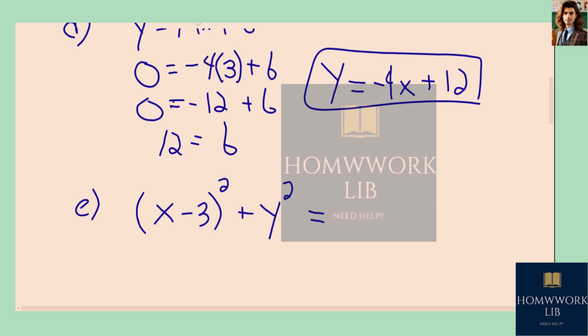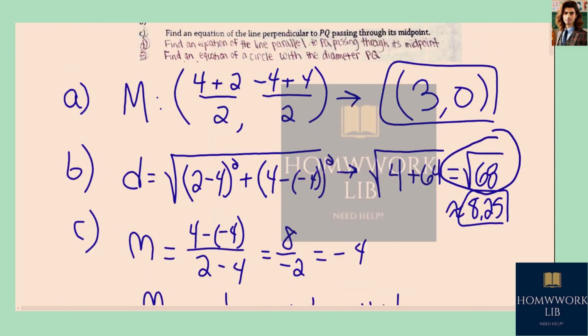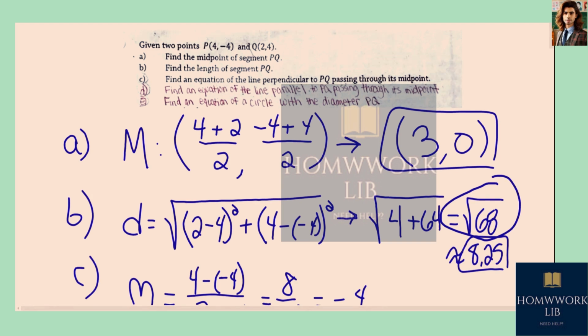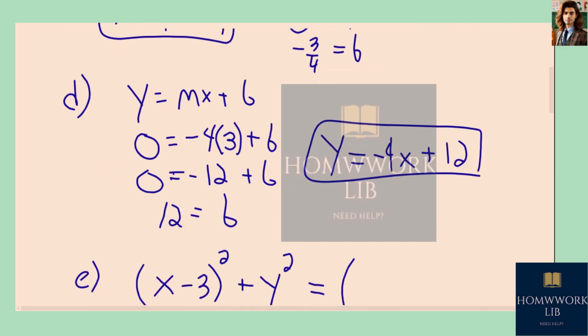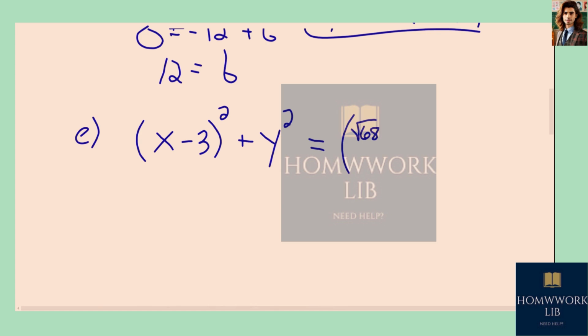Well, the radius, if we keep it exact, would be half of the diameter, or the diameter would be the distance from P to Q, if that is what it's stating here. And so we want half of the square root of 68. I'm just going to write it as the square root of 68 over 2 that we square, because the equation of a circle is x minus h squared plus y minus k squared equals the radius squared, where the center is h, k.